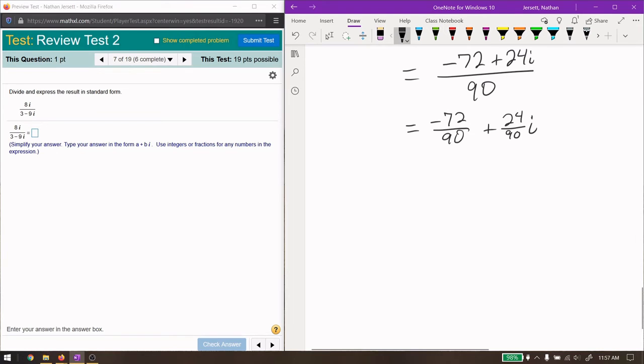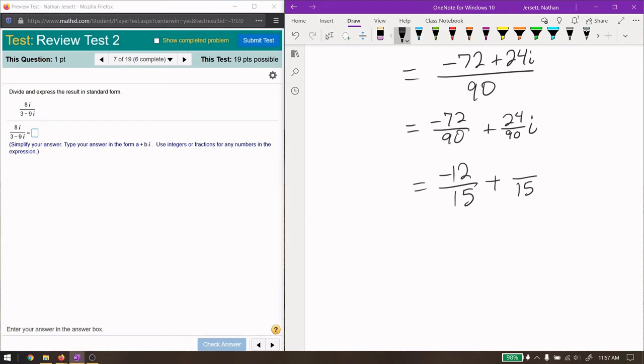72 over 90, this can both be divided by 3 and 2, so it'll be divided by 6. It'll be negative 12 over 15, I think. Yep. Which can be reduced further. 24 over 90 can be divided by 3 and 2.